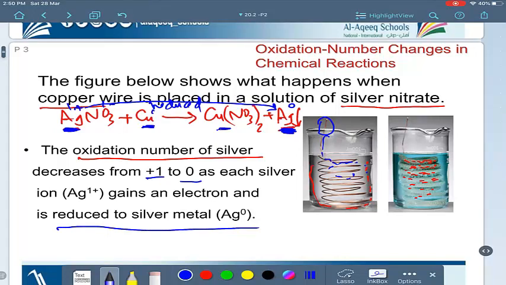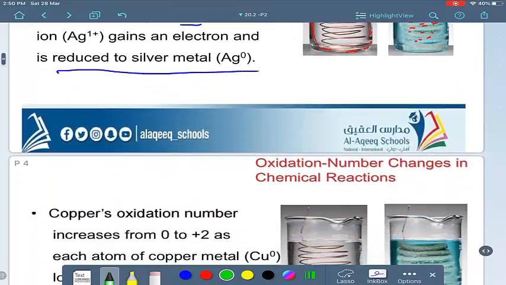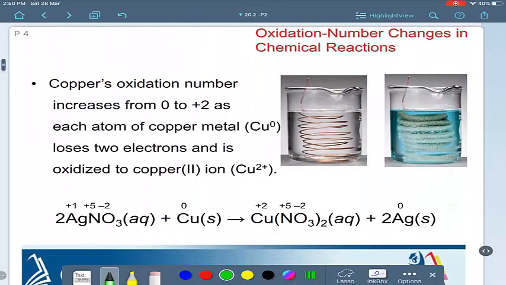Copper here is 0 because it's in the form of metal, and here it is positive 2 because NO3 is negative 1, but there are 2, so NO3 is negative 2, so copper is positive 2. What change happens here from 0 to positive 2? Increases. The oxidation number increases, which means oxidized. Copper's oxidation number was 0, changed into positive 2, and it's oxidized.